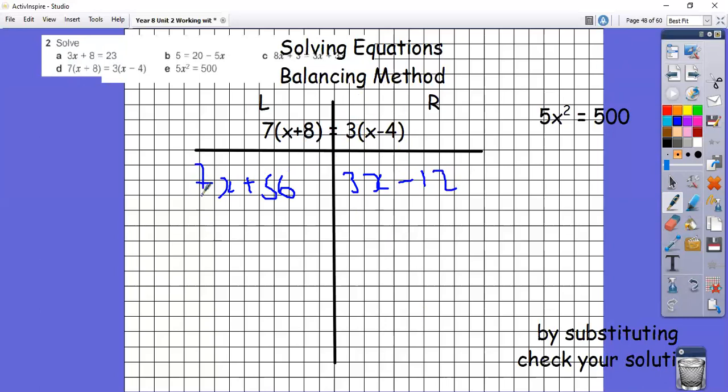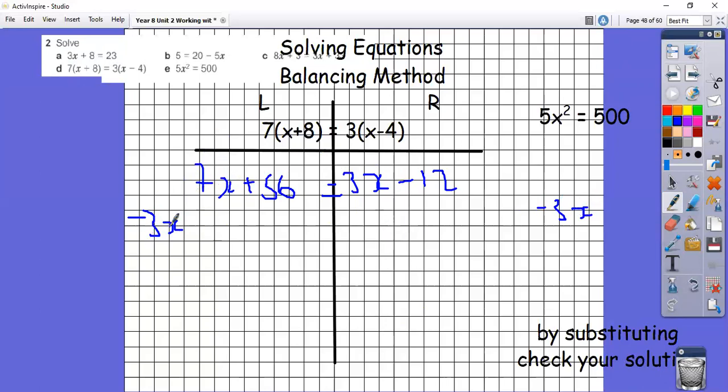Now we have 7x plus 56 is the same as 3x minus 12. Again, now we've got x's on both sides, so we need to move either 7x to this side, or move this 3x to this side. Well, we know it's better to move the smaller of the two, so I'm going to subtract 3x on both sides.